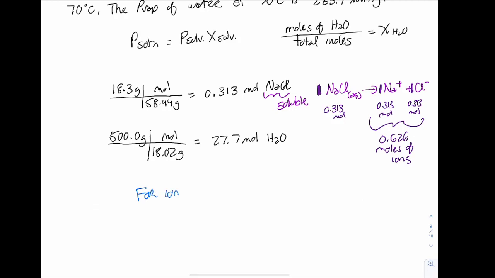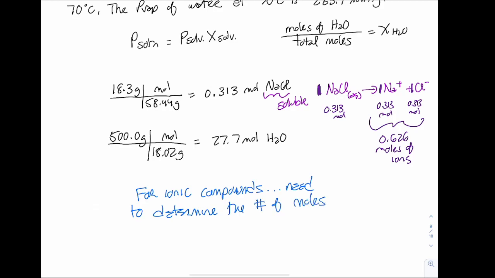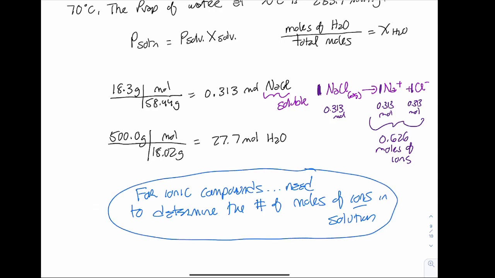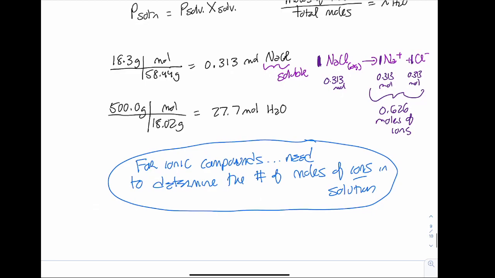For ionic compounds, we need to determine the number of moles of ions in solution. If it's covalent, it's not going to separate into ions. It's a non-electrolyte, and we don't have to worry about that. But for soluble ionic compounds in water, they're going to be completely dissociated, so we need to take that into account.